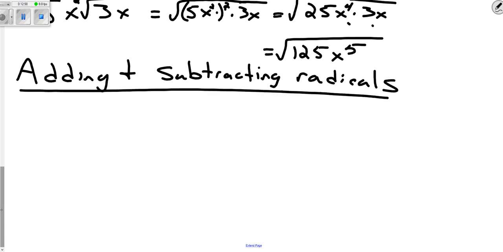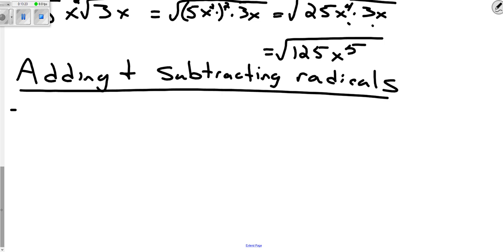All right, so now we're going to add and subtract radicals. So when you're adding and subtracting, I always think of it like fractions. With fractions, when you add and subtract, the bottoms have to be the same, and you only combine the numerators, right? Here it's kind of the same, except we're not dealing with a fraction.